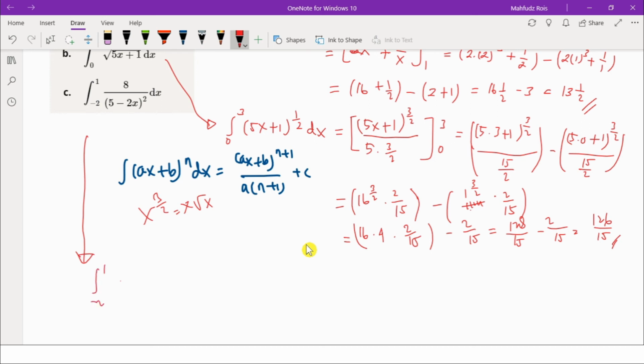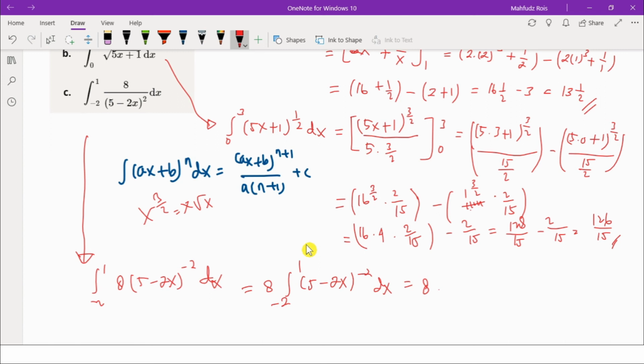Again, this one is a fraction, so we can take 5 minus 2x to the minus 2 dx. Like before with the constant, we can put the constant in front of this, 8 times 5 minus 2x, still dx. Just always put 8 in front of this calculation.